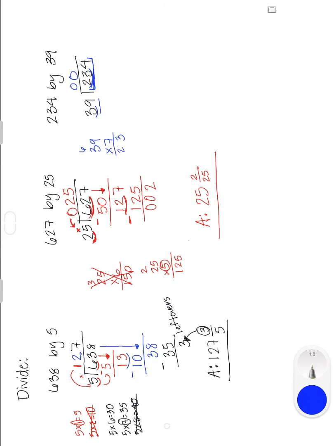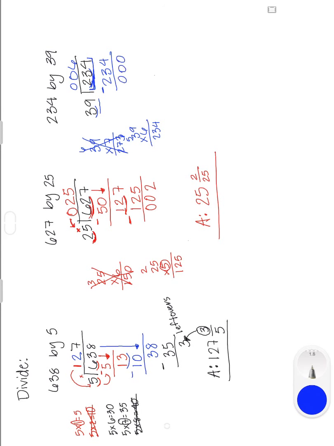And then 7 times 3 is 21. And 6, it'll be 27. That's too much. So not 7. Let's try 6. So 6 times 9 gives you 54. 6 times 3 gives you 18. And 5, 23. And that is actually perfect. So 6 times 39 was 234.